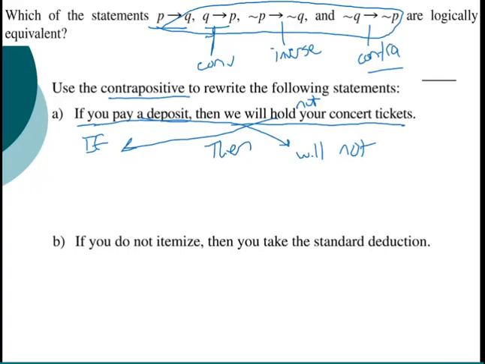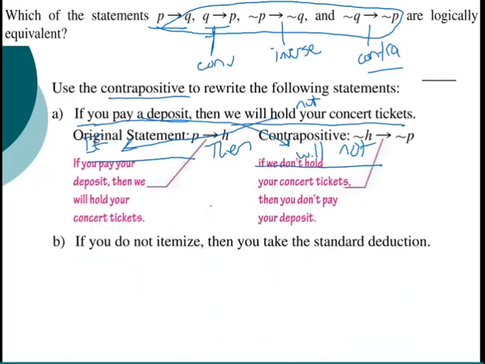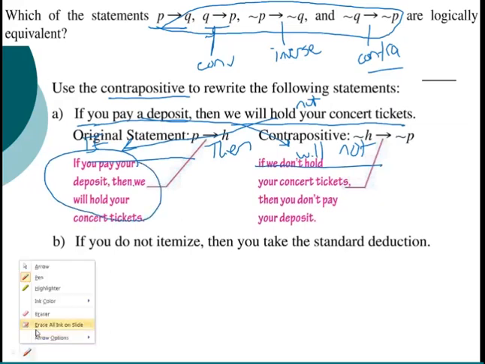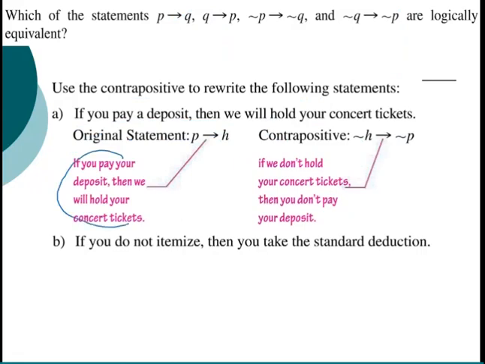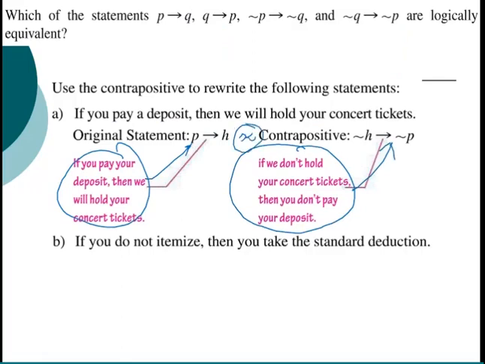If you pay a deposit, then we will hold your concert tickets. You can hear it the other way. If we do not hold your concert tickets, then you will not pay a deposit. So you can hear it working out and it sounding the same way. So this is the original statement. Let me erase this. Sorry, I got a lot going on here. Original statement and contrapositive are equivalent statements. Okay? So they're saying basically the same thing, logically equivalent.